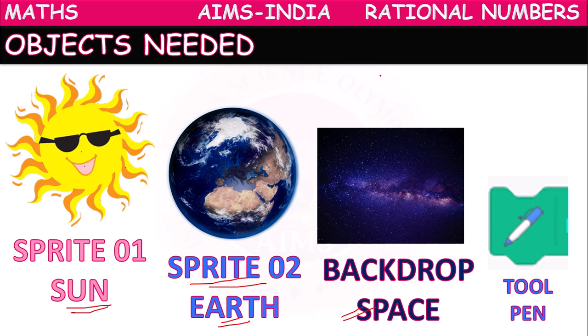The sun will be at the middle of the space, while the earth is rotating around the sun, we have to draw a line along the axis of rotation. For that we need a pen tool.